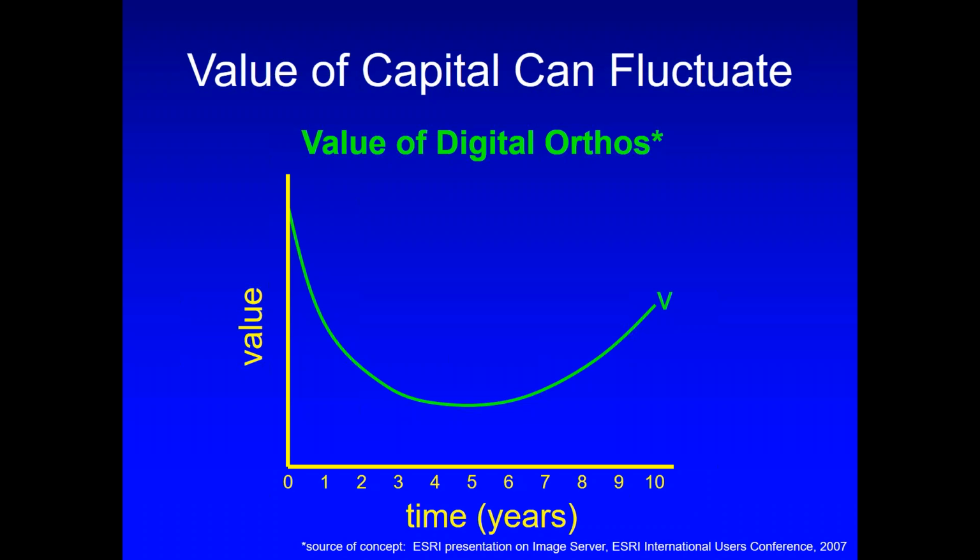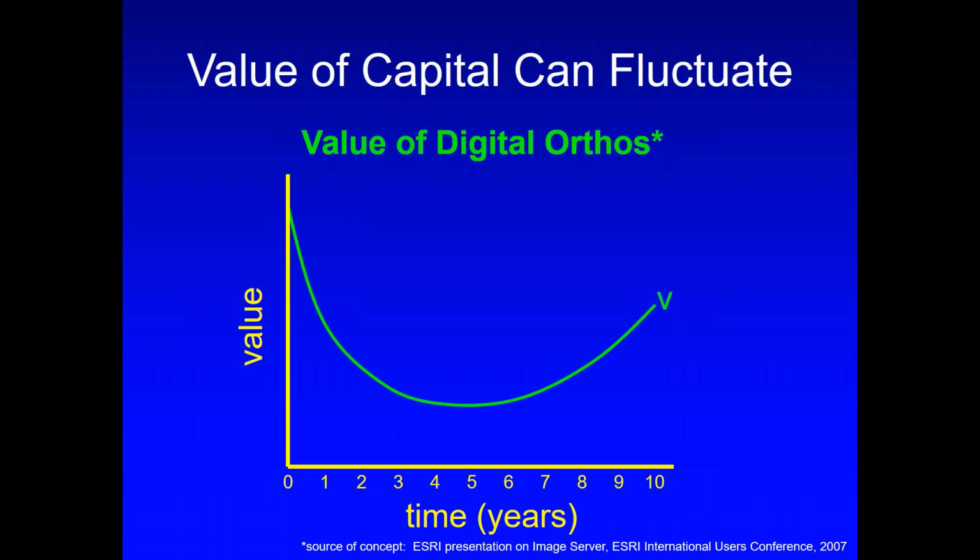So Orthos, for example, when you first procure them, you get the flight, they're brand new, they have a lot of value because it's the latest and greatest data. And then the value of those Orthos starts to drop off in the first couple or 3 years because if you're flying every year, for example, there isn't a lot of temporal difference between one flight or the other. And then over time, something interesting happens.